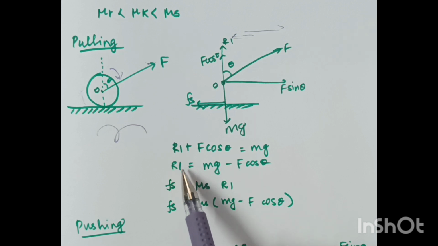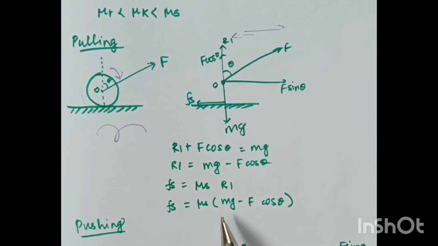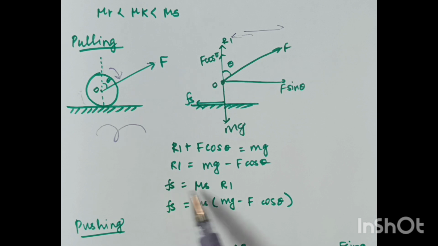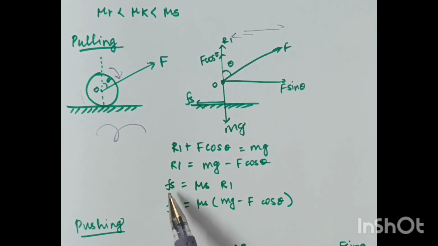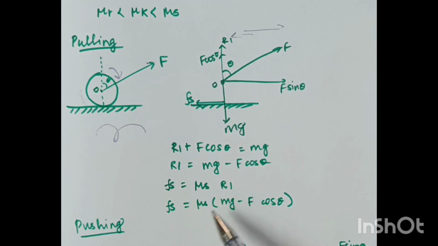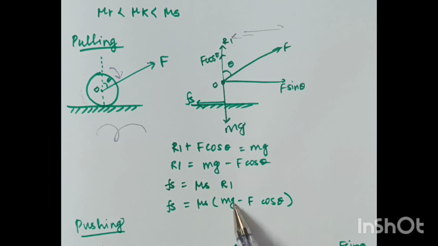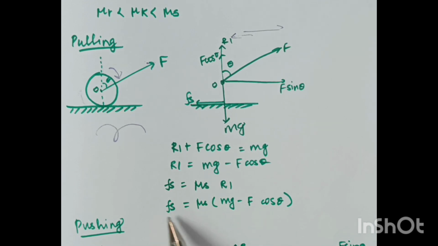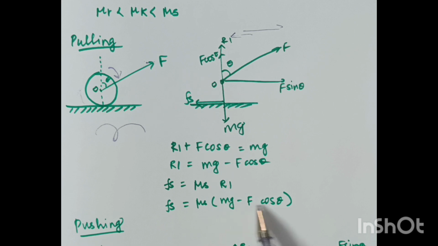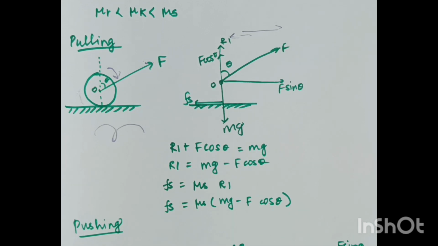From this I can write R1 equals mg minus F cos theta. And I also know Fs equals mu s into R1. This is the formula for frictional force. Substituting the value of R1, mg minus F cos theta, in the frictional force, Fs equals mu s into (mg minus F cos theta). This is how I find the frictional force in case of pulling.